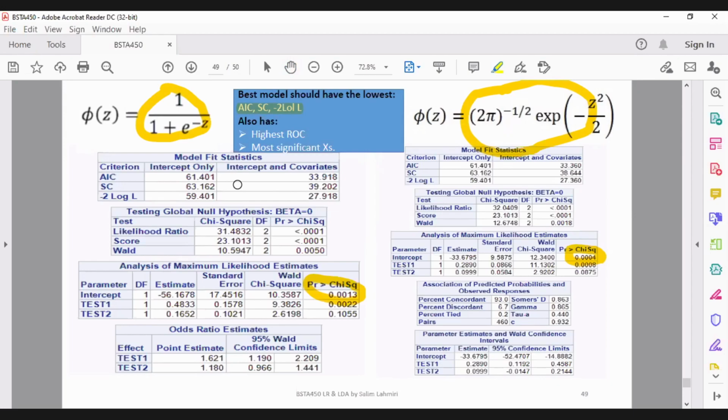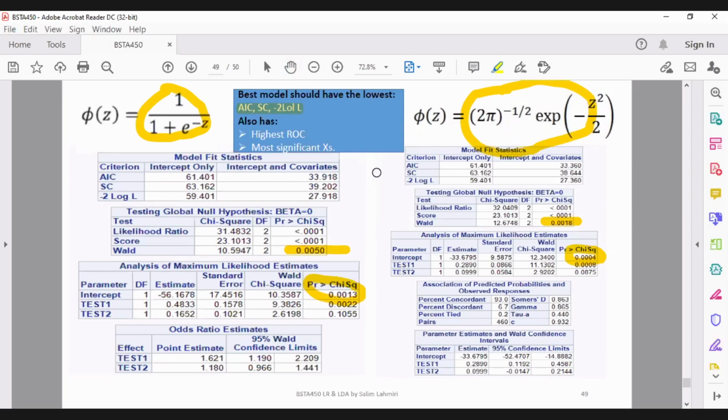The two models are significant because the p-value is less than 5%, meaning that the model is significant. Also for that one, the p-value is 0.018, less than 5%, so the model is significant.